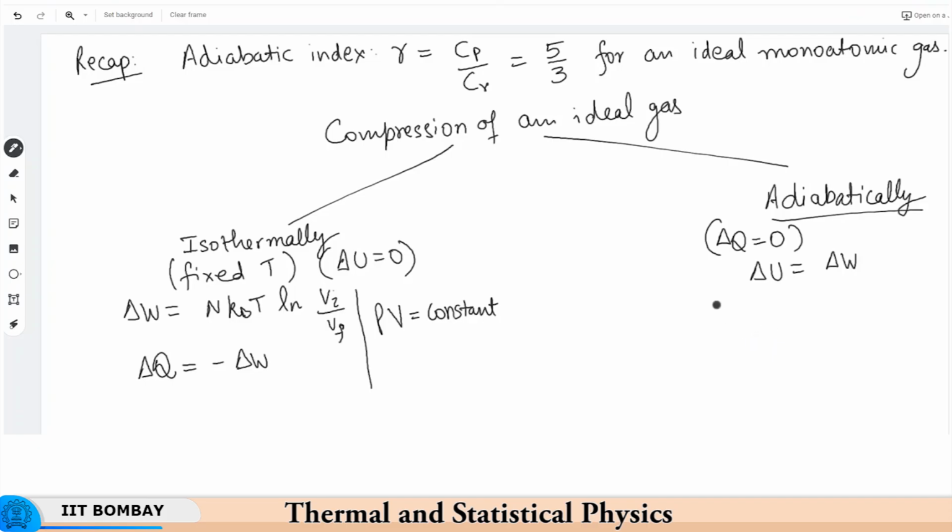And we derived these two very important relationships, which are that T times V raised to the power gamma minus 1 remains constant, and also from the ideal gas equation we can see PV raised to gamma also remains constant. Okay. So, these were some important results that we derived in the last class.